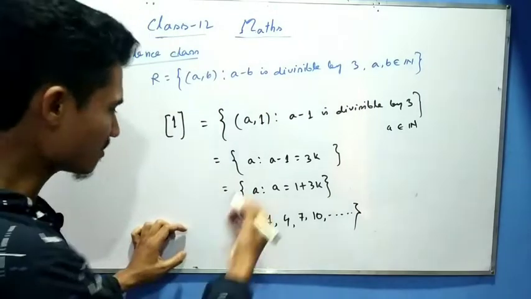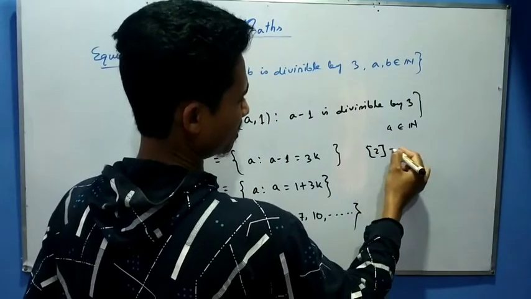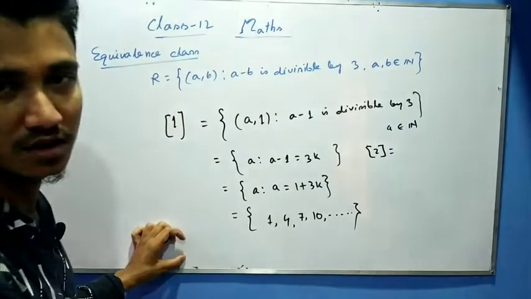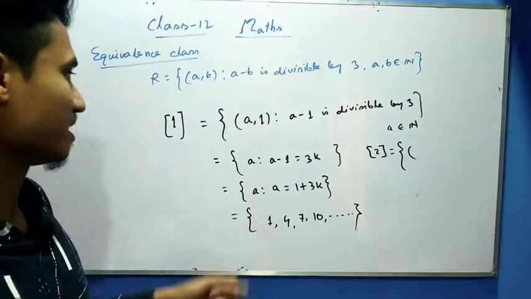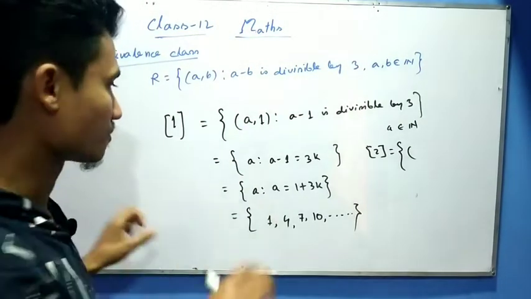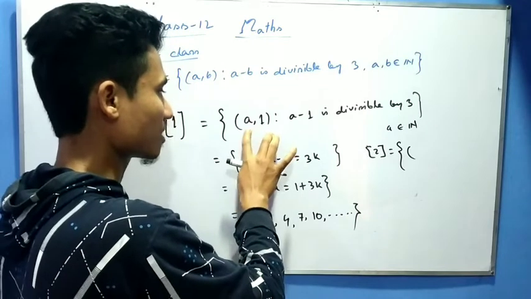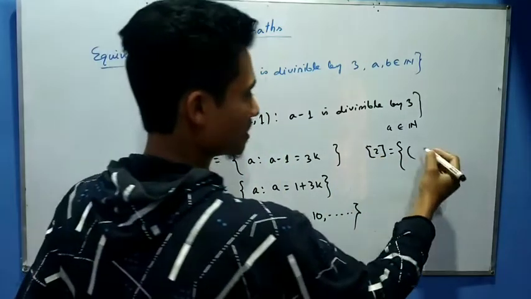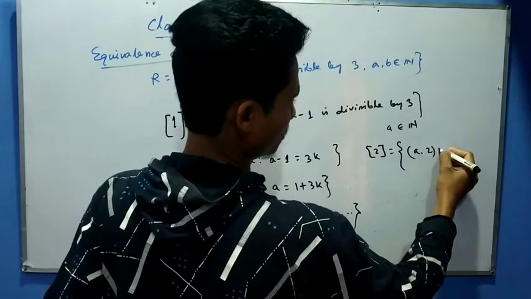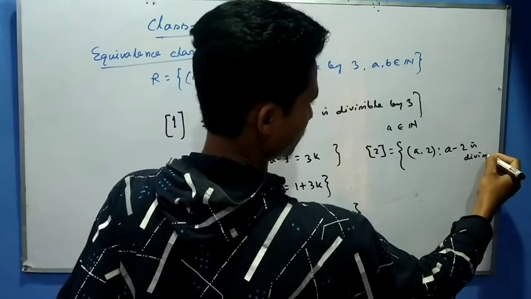Okay. Now let us try another example. Suppose I try to find the equivalence class of 2. Suppose. So what do we know about finding an equivalence class? What do we always do? We take the second element of the ordered pair, meaning in place of b we put this number. Okay, so what will happen? The set of a, 2 such that a minus 2 is divisible by 3.